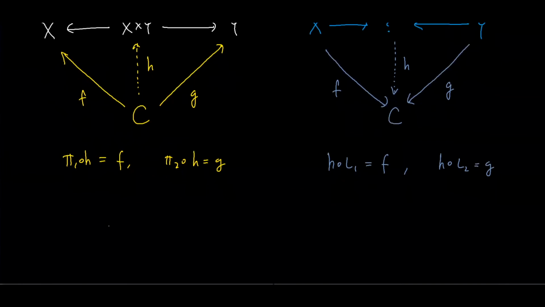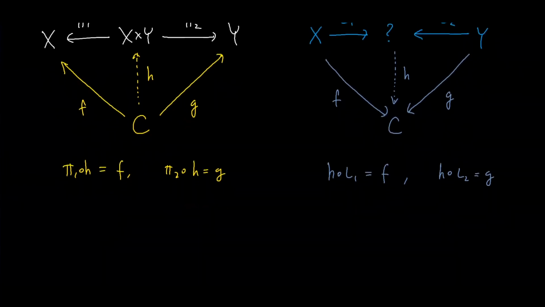So this becomes one of the exponent rules for numbers if I start counting the number of these arrows. X to the power C, that's all the arrows from C to X, Cartesian product with Y to the power C, is bijective.